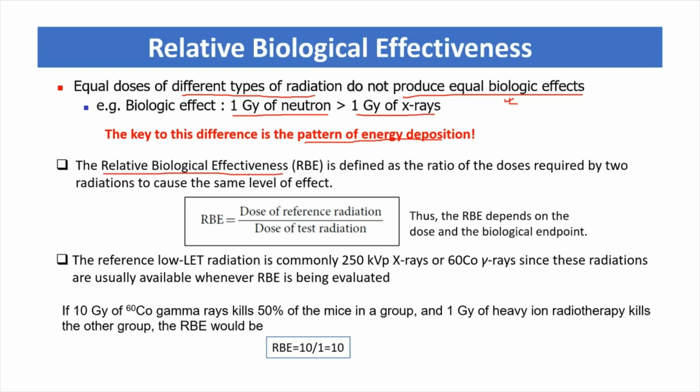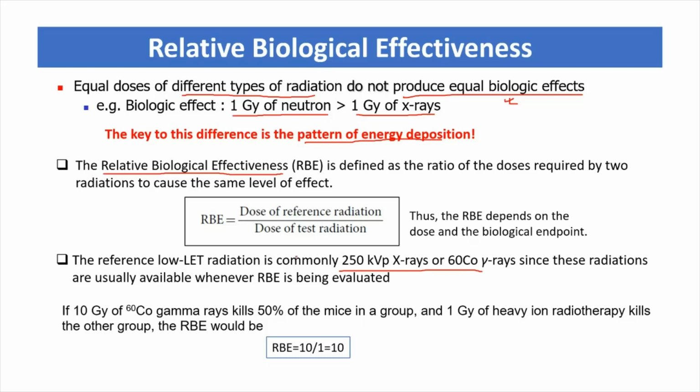And this RBE depends on the dose and also on the clinical endpoint. The reference radiation that we are using here is low LET radiation, commonly 250 kVp X-rays or cobalt 60 gamma rays, since these radiations are usually available whenever RBE is being evaluated.